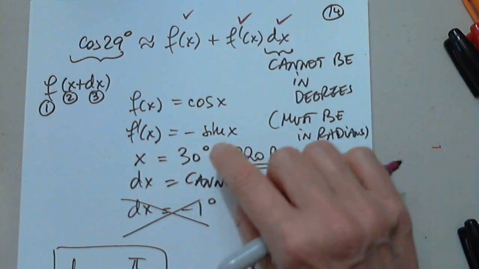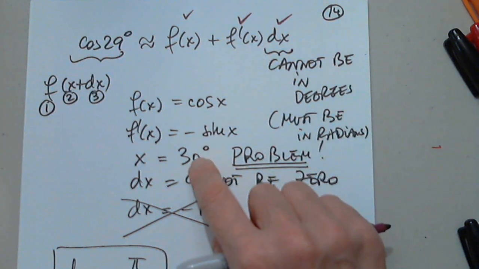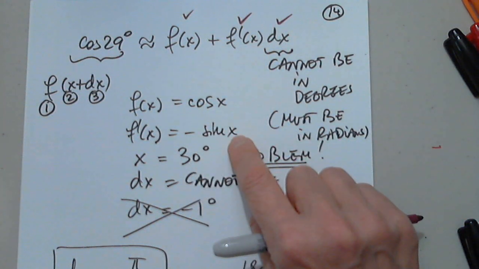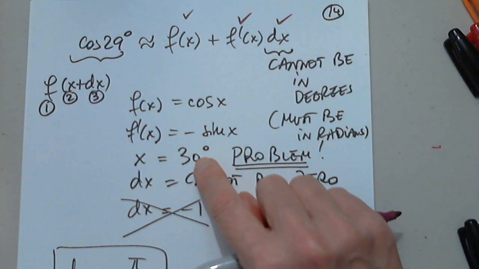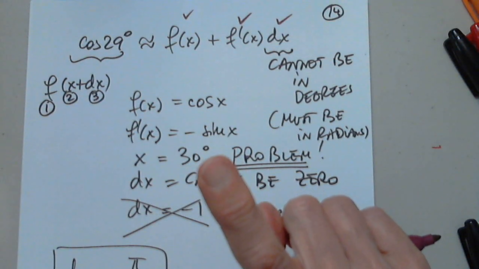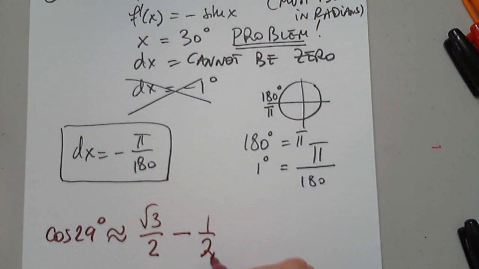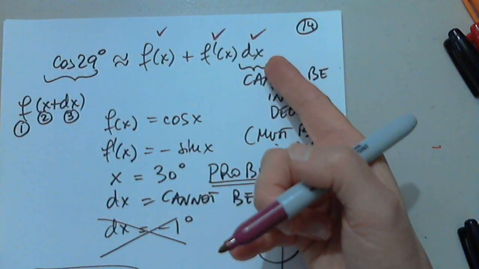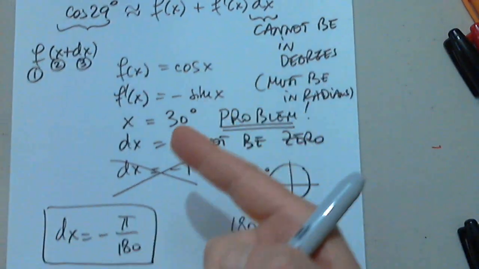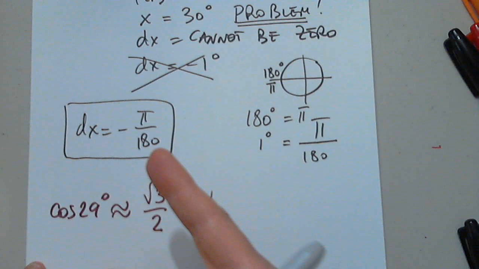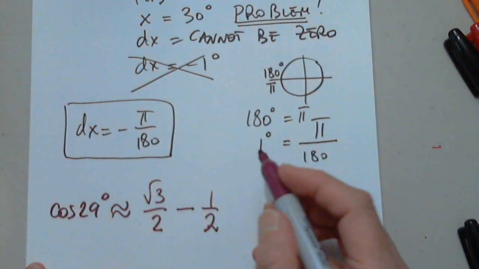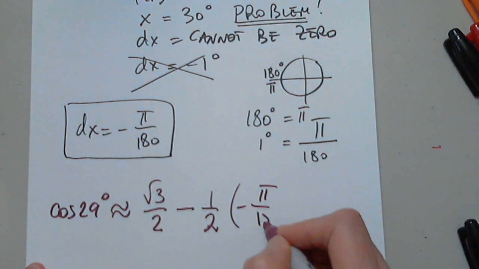Please plug in 30 in sine x. What do we get? Sine 30. 1/2 with minus in front. And times dx. Here's dx. Another negative. So negative pi over 180.